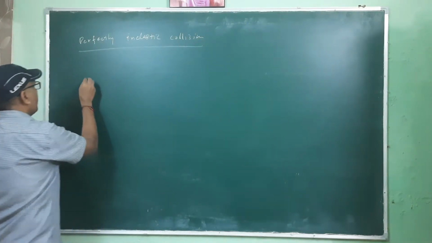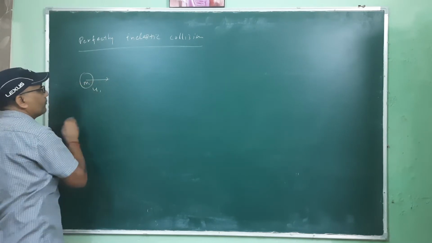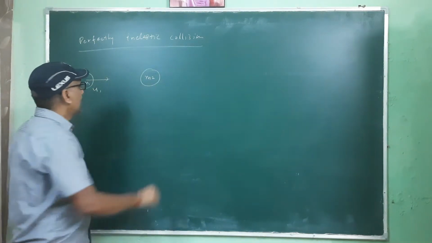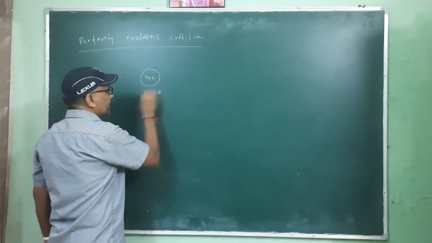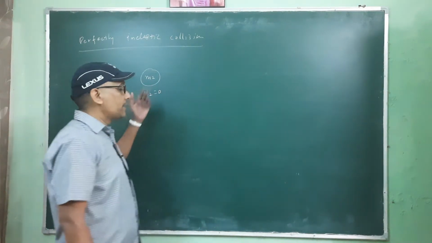We have one body moving with initial velocity u1 and mass m1, and another body with mass m2 whose initial velocity is 0, so it is at rest.